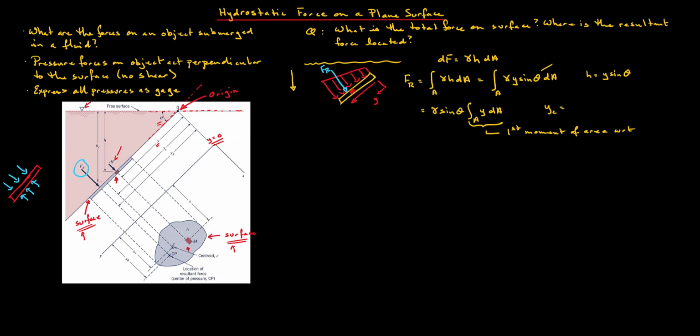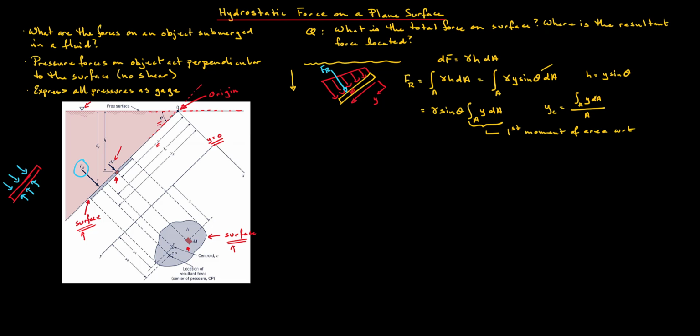So the location of the centroid, yc, is equal to the integral of y dA divided by the total area. Okay, so this is kind of like a weighted area.